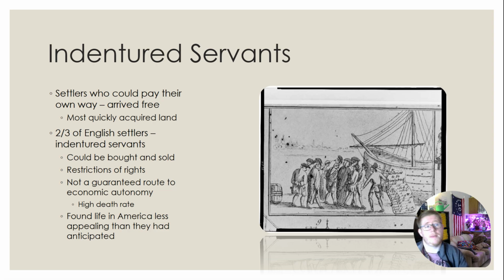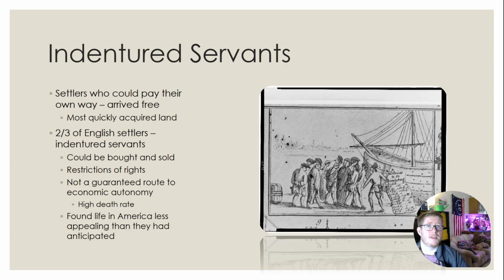Those who could pay their own way arrived as free people and were easily able to acquire land. That's not the case for everybody, though. About two-thirds of English settlers arrived as indentured servants.